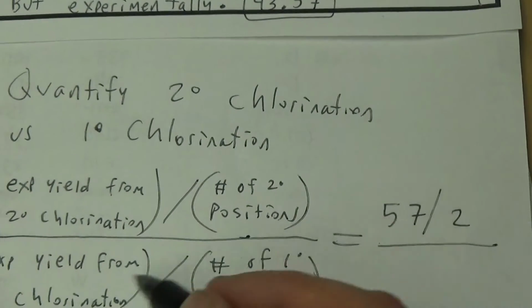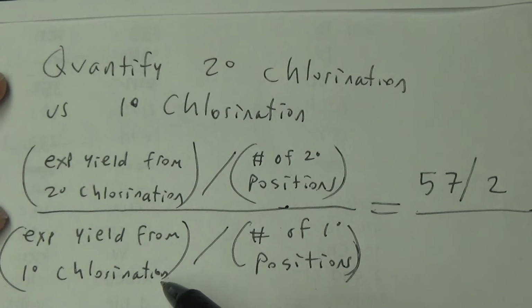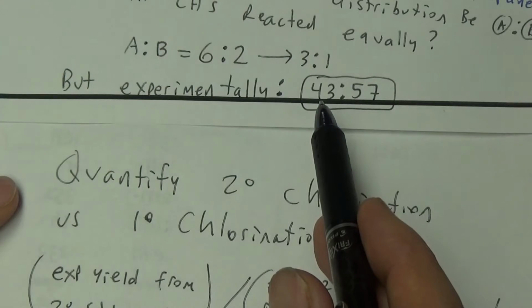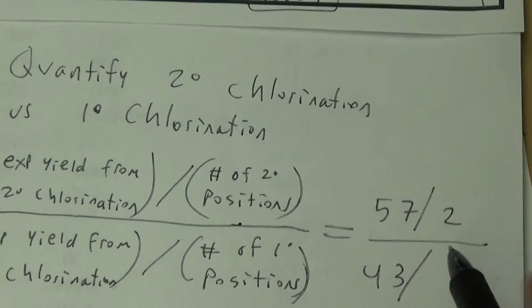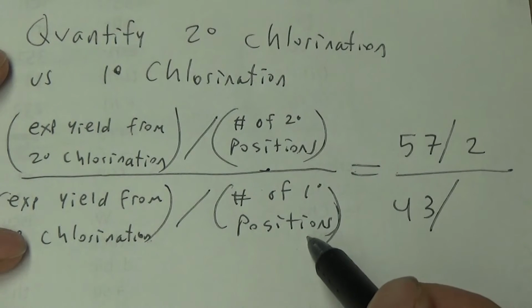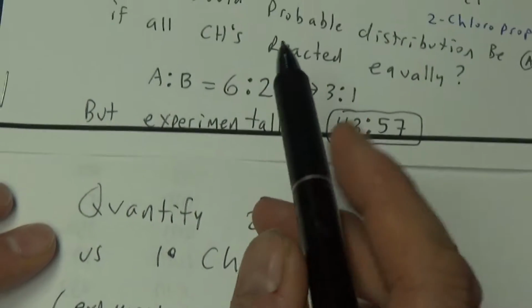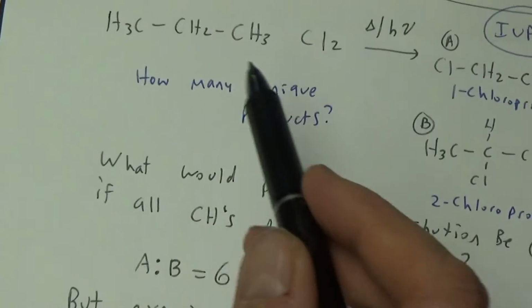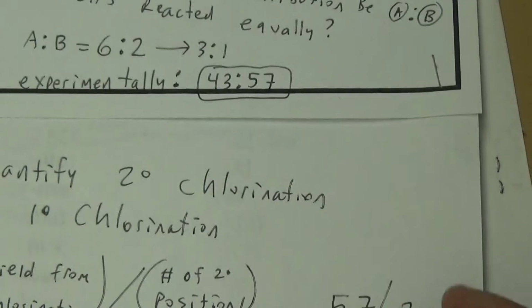Okay, and the experimental yield from primary chlorination, what was that? That was 43. How many primary positions are there, like H's, that would give you the primary product? How many H's are there? 3 plus 3 is 6.